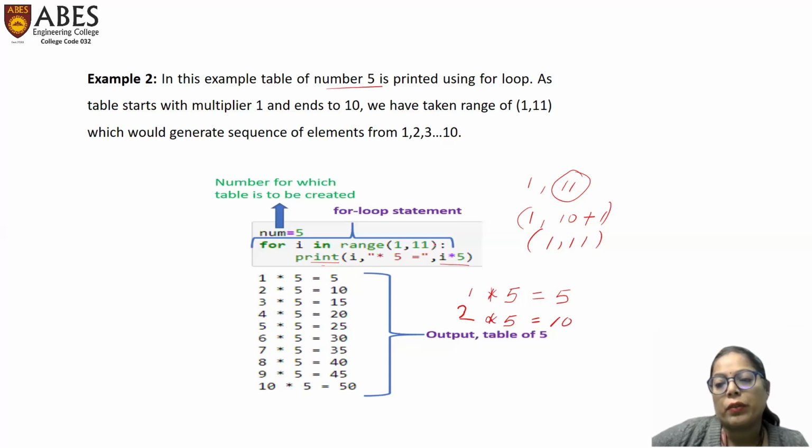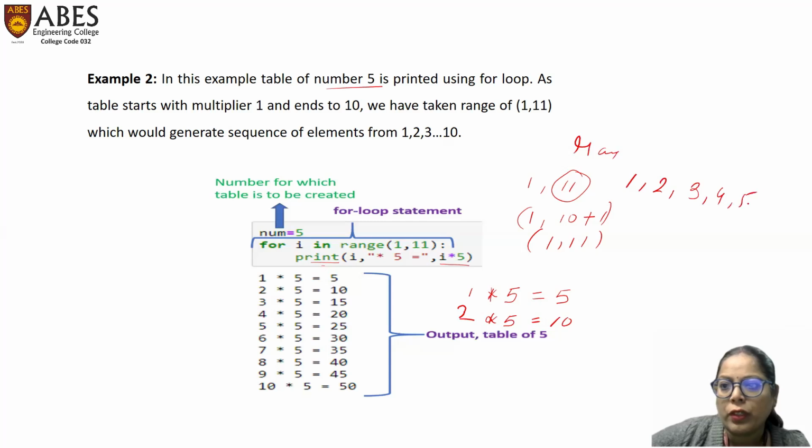Now again it will check whether there is an element in the sequence. Yes, because in the sequence we have the values 1 2 3 4 5 6 7 8 9 10. These are the elements in our range.